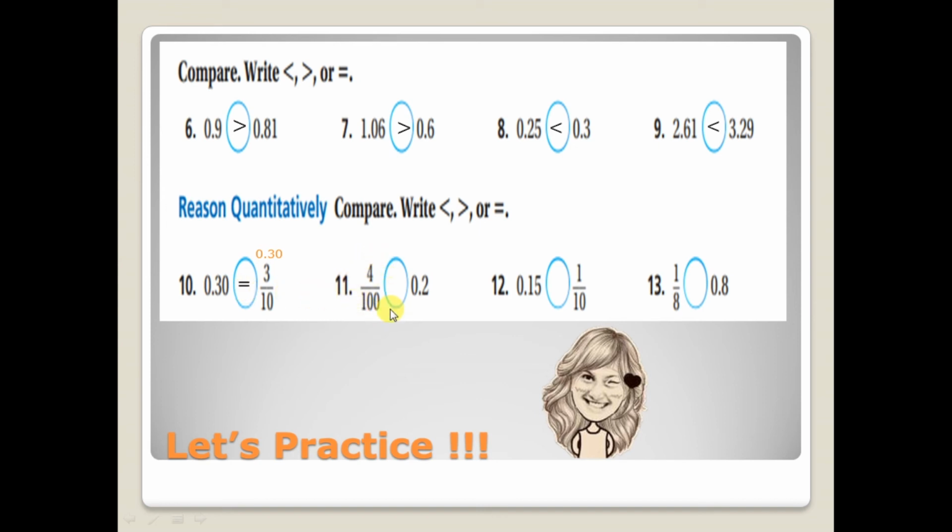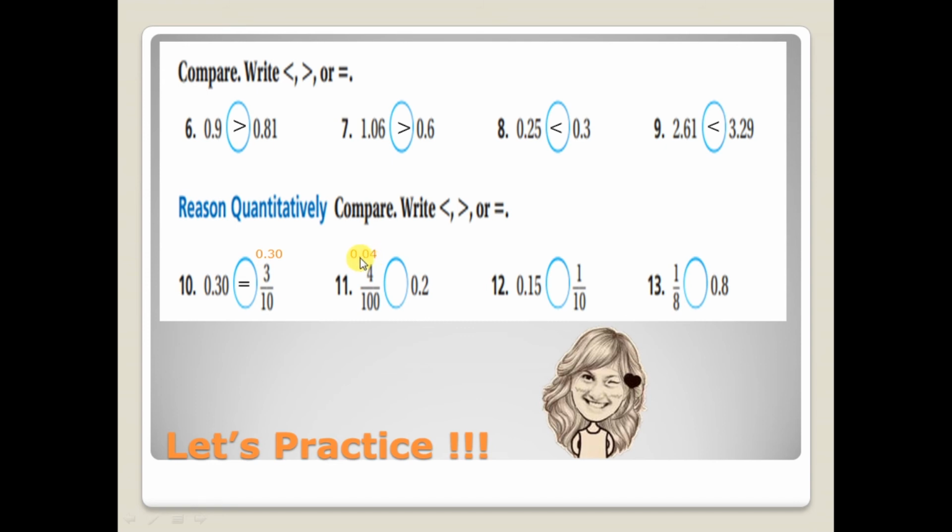Again, I will transform this fraction into a decimal so I can compare between a decimal and a decimal. So 4 hundredths, this means 4 in the hundredths place. So it will be 4 in the second place after the decimal point.